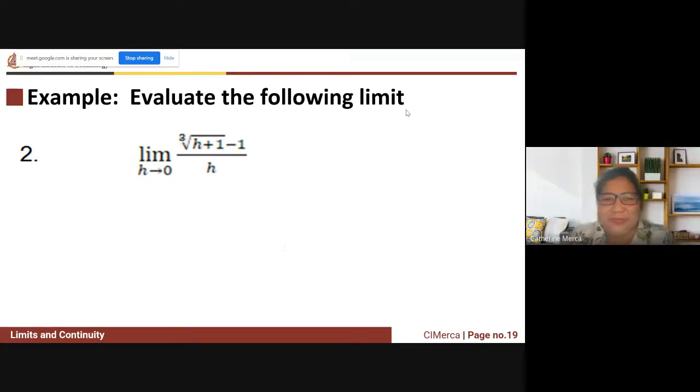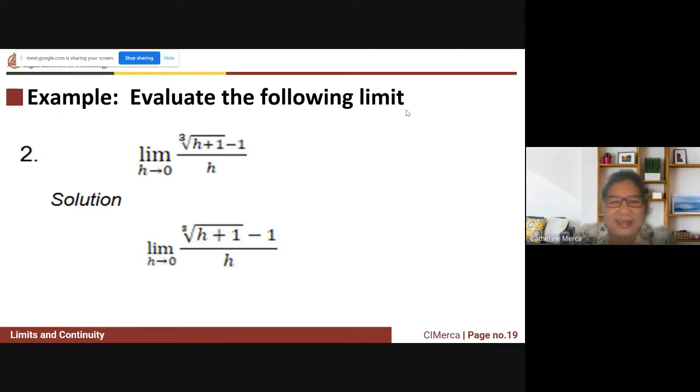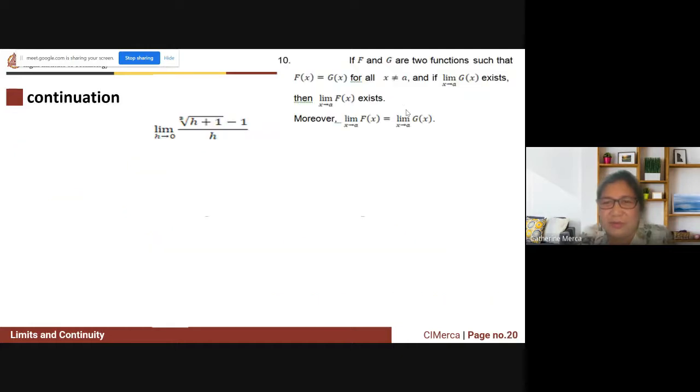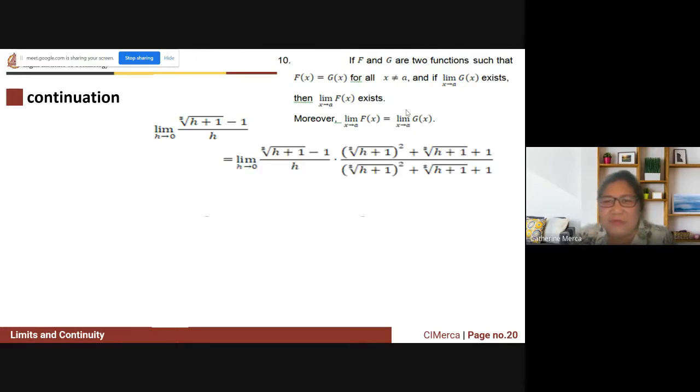Okay, let's see. So when you directly substitute, it will give you 0 over 0. So mean to say, dili ni siya direct substitution. So what are we going to do? You have to make use of the special product formula. And the special product formula is this.